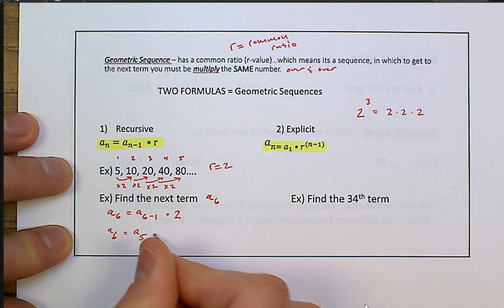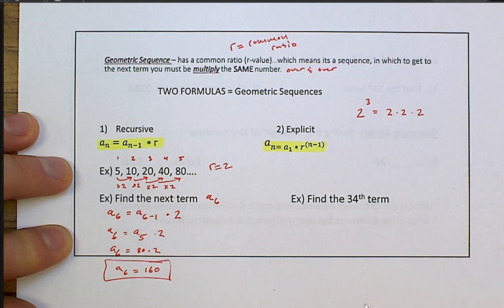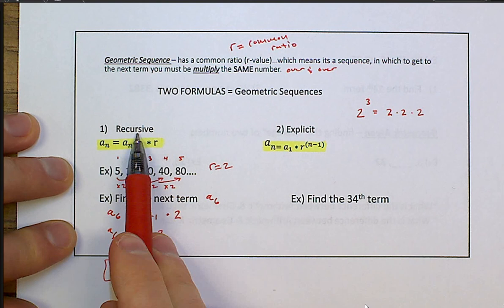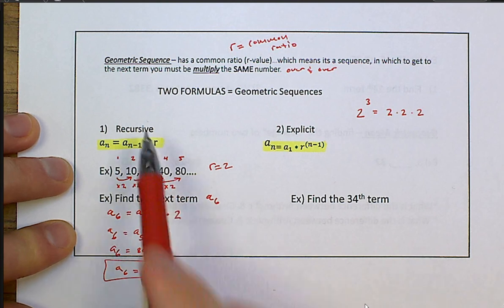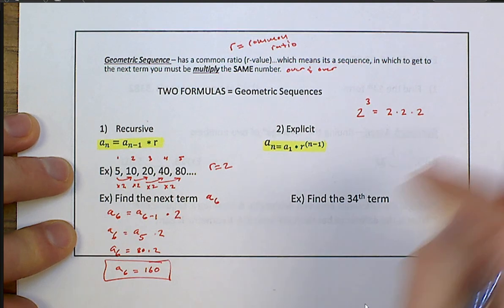And we're timesing that by 2, so a sub 6 equals 80 times 2. A sub 6 would be 160. Okay? That is how you use the recursive formula to find the next term. Again, we don't use the recursive formula a whole lot because in order to use it, you need to have the previous term. So let's take a look at the second example here.